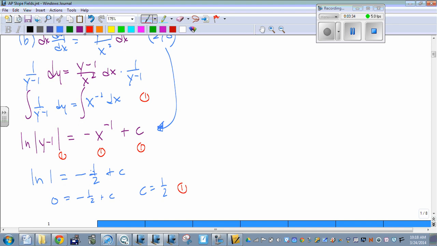All right, our last point comes from solving the equation for y. We have natural log of absolute value of y minus 1 equals, I'm going to write this as negative 1 over x plus 1/2. We need to solve this for y. We need to get y by itself. So what can we do to both sides to get rid of this natural log? Not multiply by e, but we're going to do e to that power. e to this power, e to this power. And we do e to the natural log.